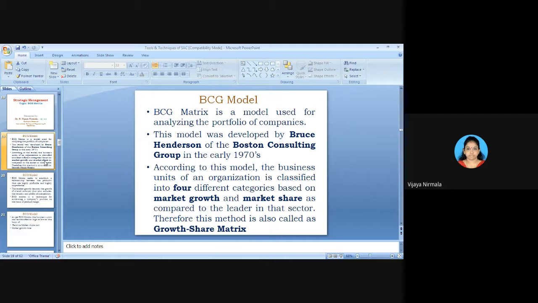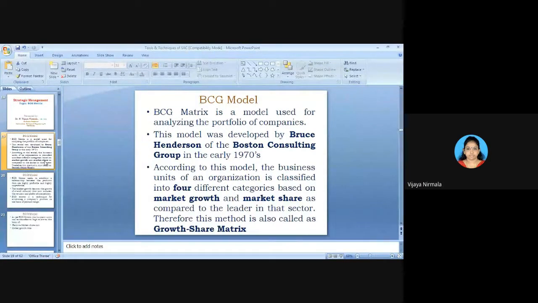The business units of an organization are classified into 4 categories, based on market growth and market share. So this is based upon 2 things: one is market growth and the other is market share.